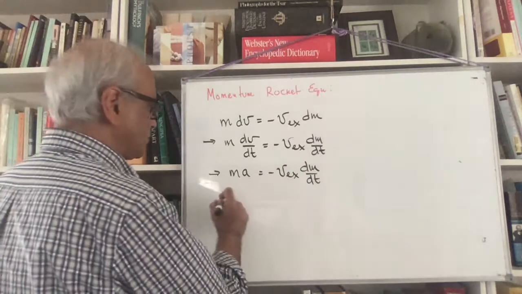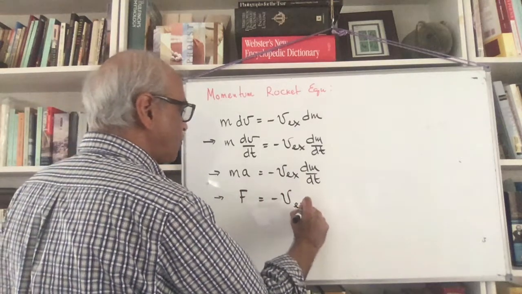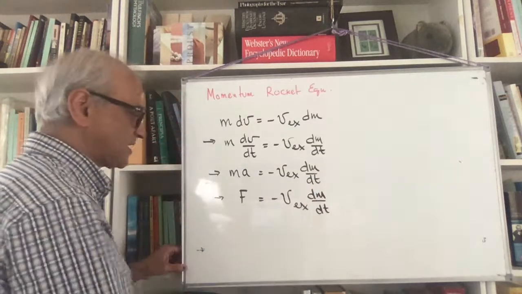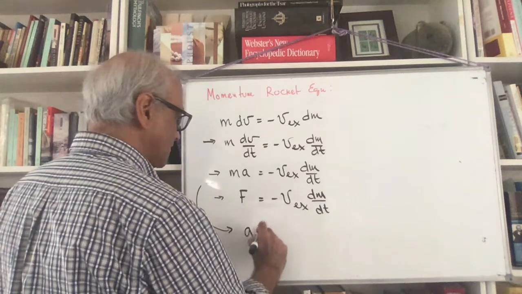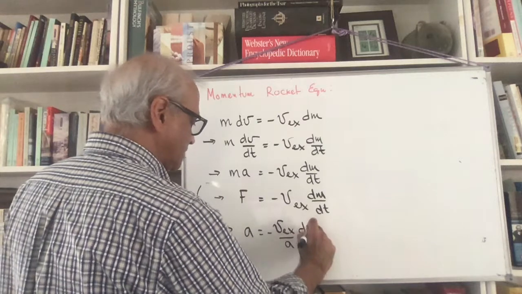How fast you're burning your fuel. So you can see this is force. I can get a force just from that, if you know dm over dt, which will be kilograms per second. Or I can write acceleration itself as minus VEX over m times dm over dt.